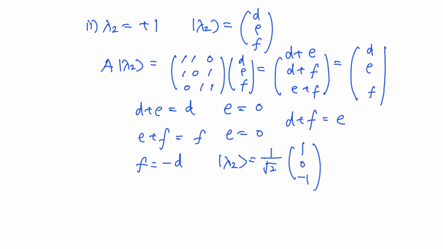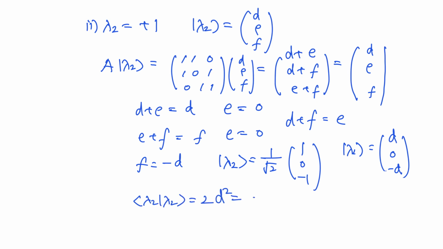You can put actually lambda 2 as D, 0, minus D, right? But you need to normalize this. Then lambda 2 is 2D squared is equal to 1. So D can be 1 over square root of 2.